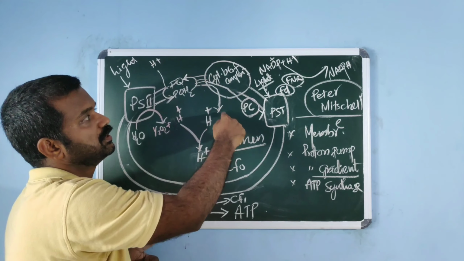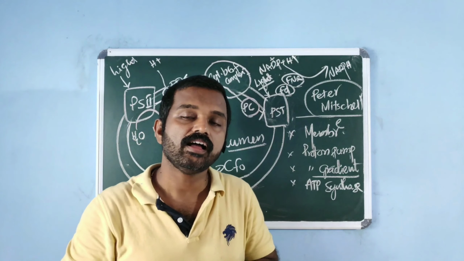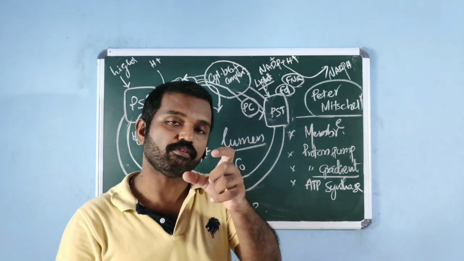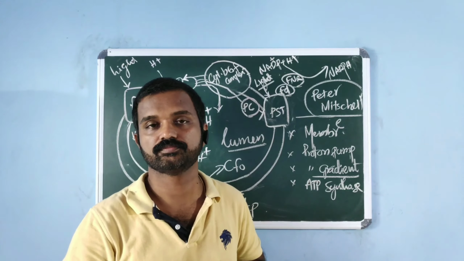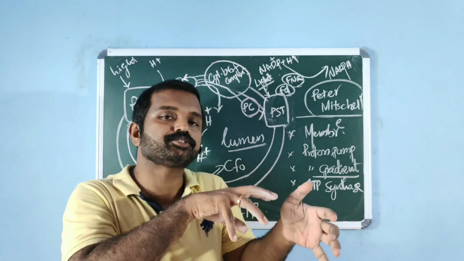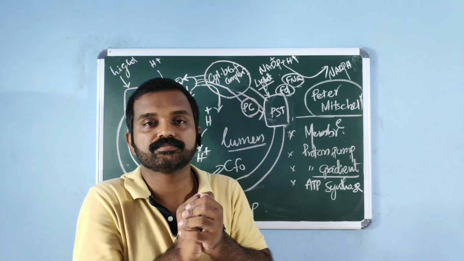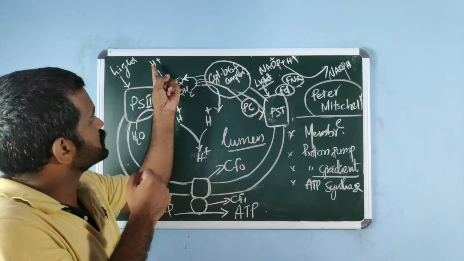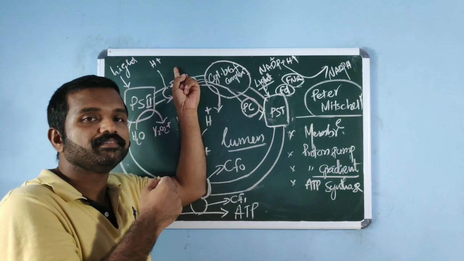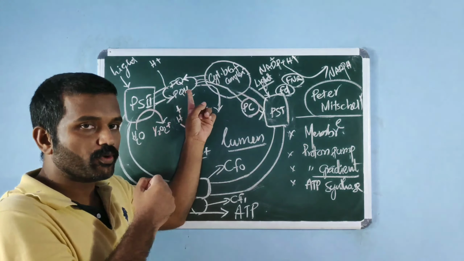See, actually this is the proton pump. How does it work? Pheophytin, the primary acceptor of electrons from PS2, transfers its electron to plastoquinone, which is actually a hydrogen carrier. So it takes H plus from the stroma and forms PQH2.